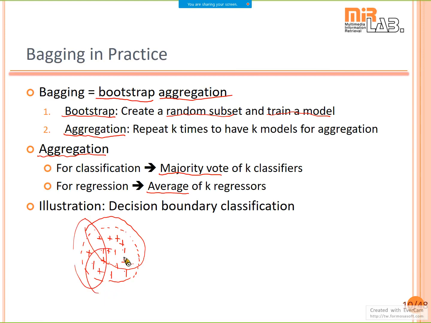Then I take another one. And by creating many models based on a portion of the data, and after majority vote, hopefully I can recover the true decision boundary, which is right here. This is the true decision boundary. So remember, by taking a portion of the data set, we are trying not to overfit the model. So this is bagging.